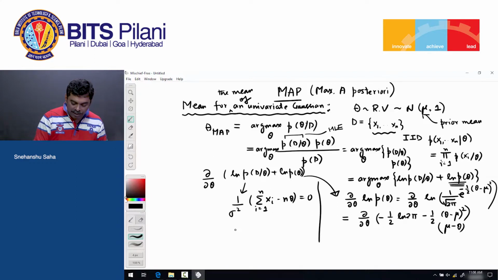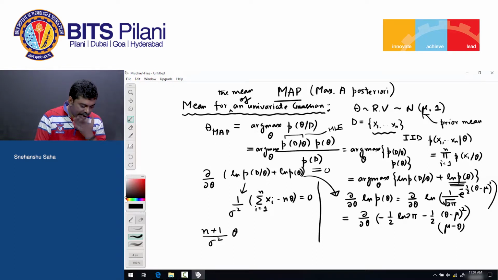So if I combine what I have now, because I have del theta of this whole thing, I have to set this to 0 in order to get the maximum estimate. So if I simplify this further, I will have n plus 1 over sigma squared, times theta, because there is this n theta over sigma squared, and the plus 1 comes from the other part.